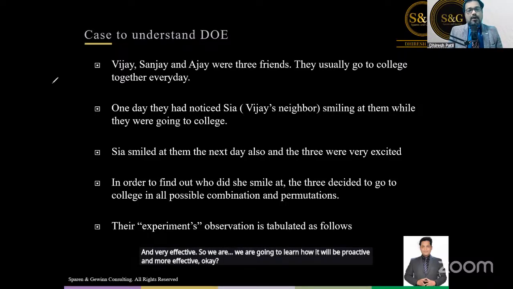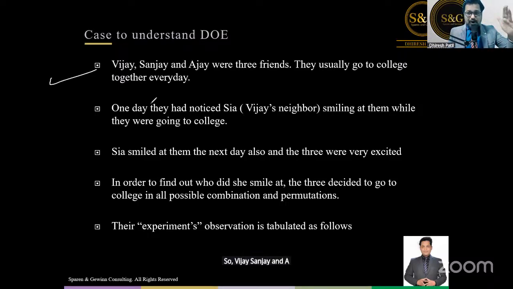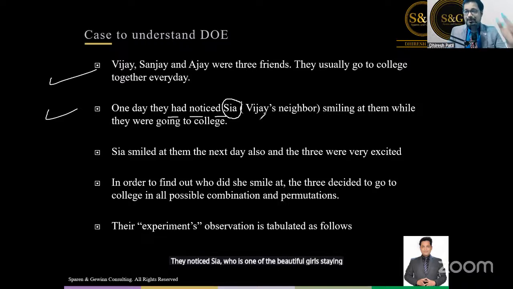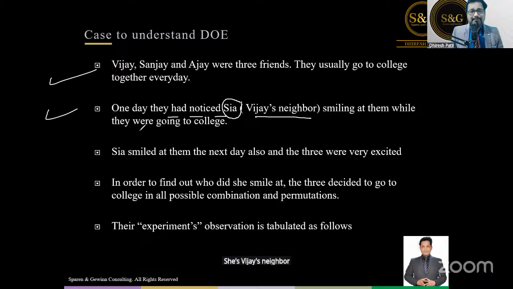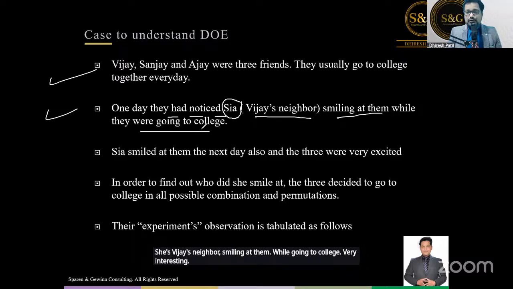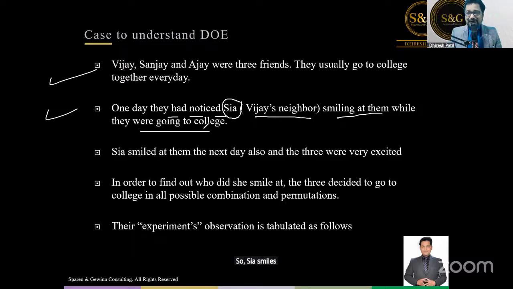Okay, so Vijay, Sanjay and Ajay go to college every day. One day they noticed Sia, one of the beautiful girls staying beside Vijay, she's Vijay's neighbor, smiling at them while going to college. Very interesting. So Sia smiles at the three of them, right?